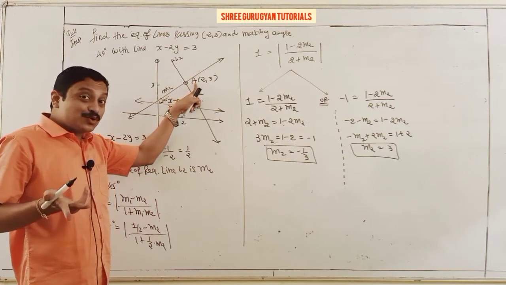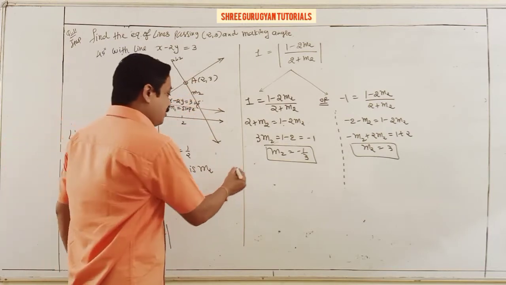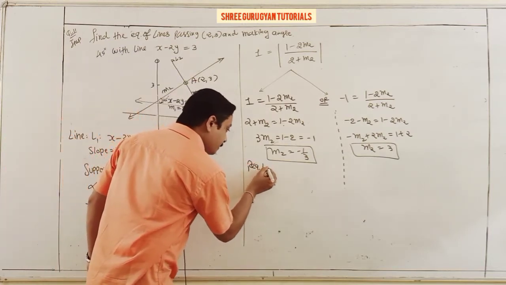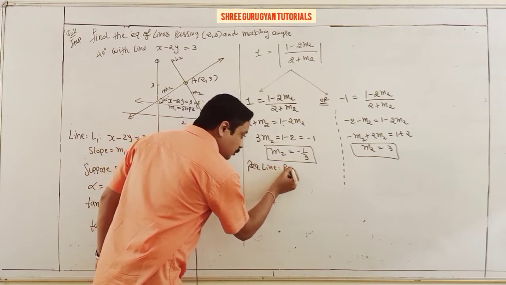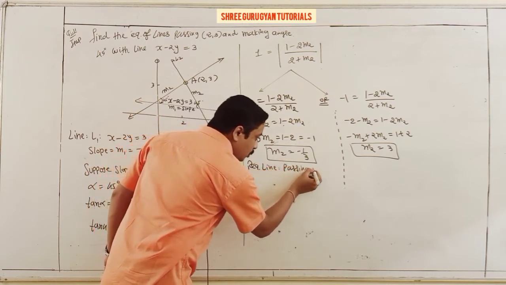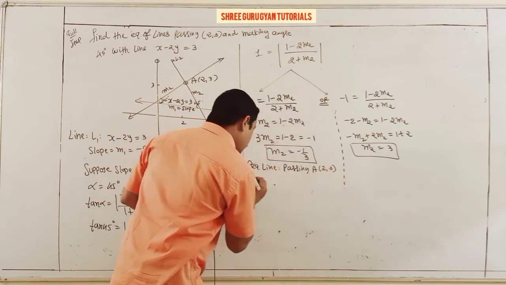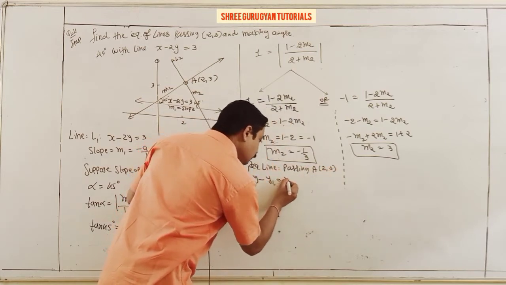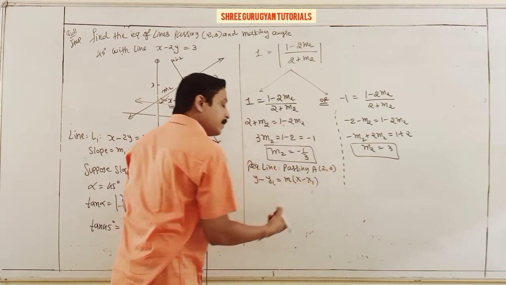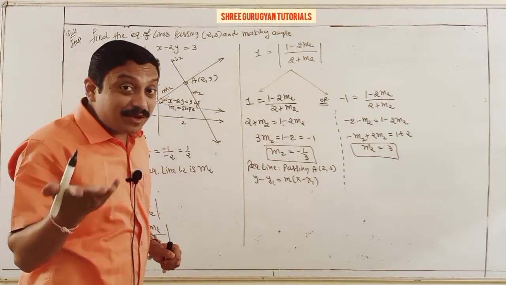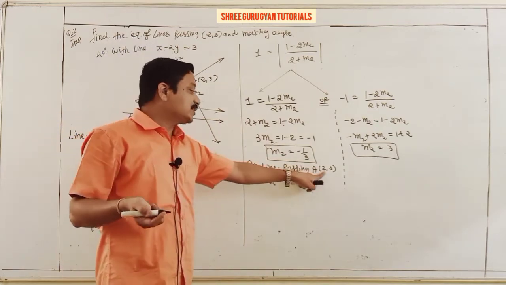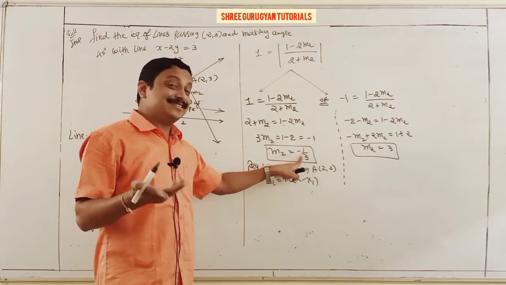Now, students, the slope is ready, and the line is passing through the known point (2, 3). So the required line passes through (2, 3): y minus y1 equals m times x minus x1. Here that is your x1, that is y1, and this is the slope.